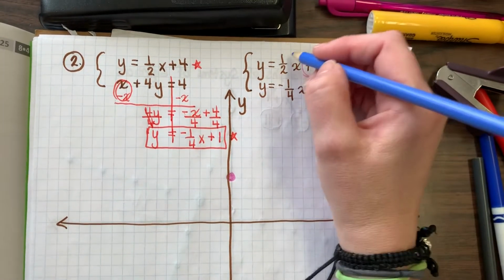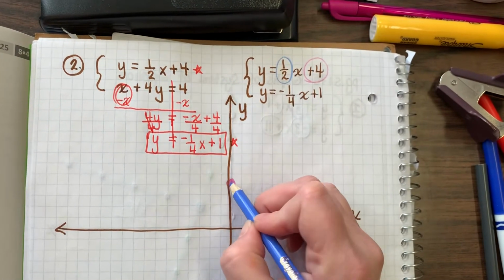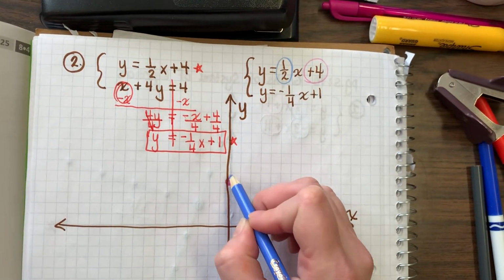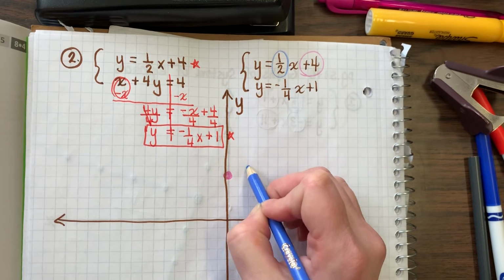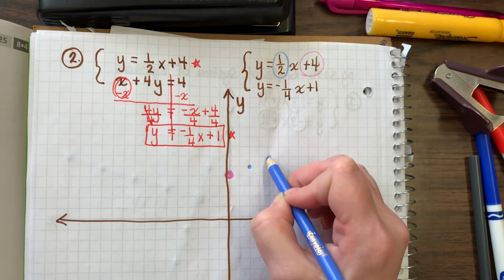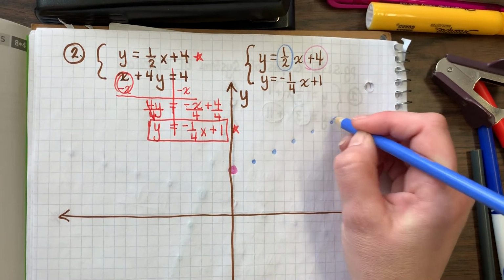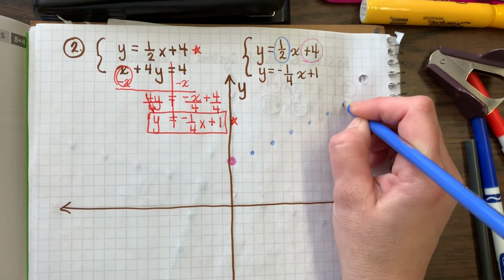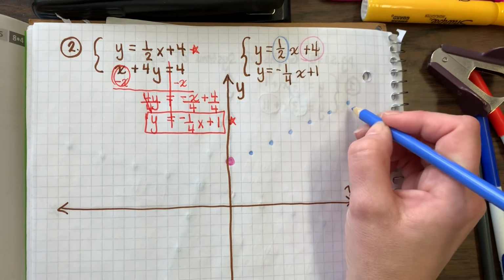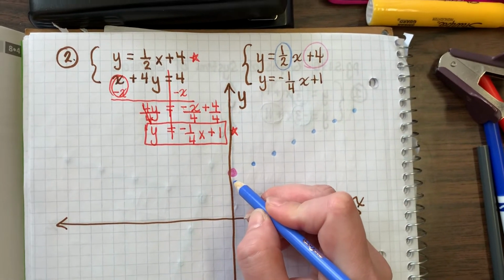My slope is 1/2. So from 0, 4, I'm going to go up 1 to the right 2, up 1 to the right 2, and I'm going to continue up 1 to the right 2 until I'm off my coordinate plane. Then I'm going to go back to the y-axis.